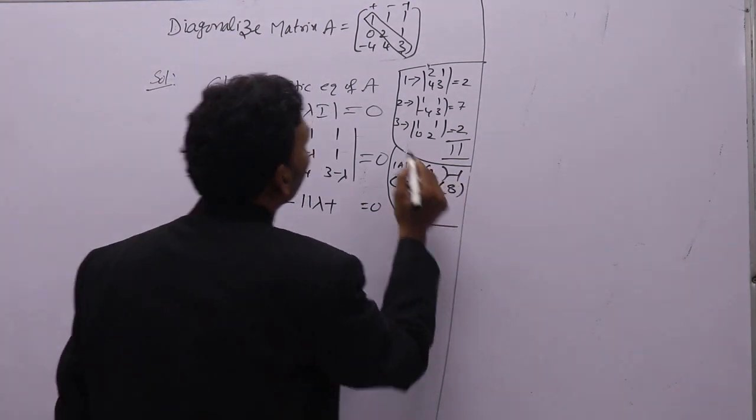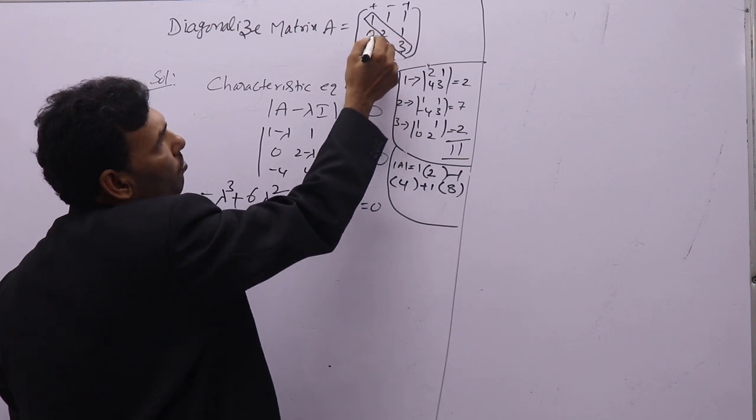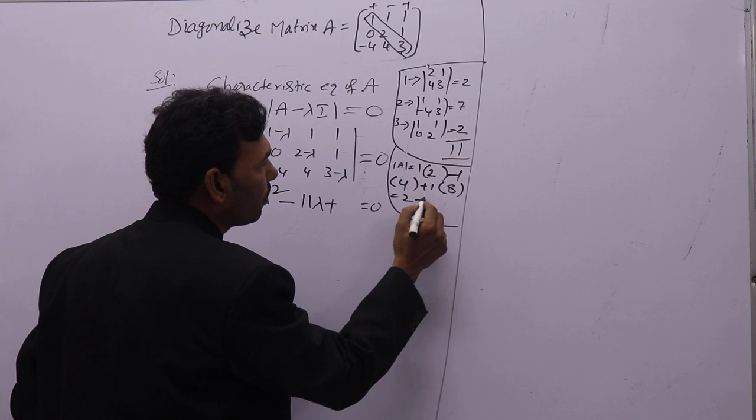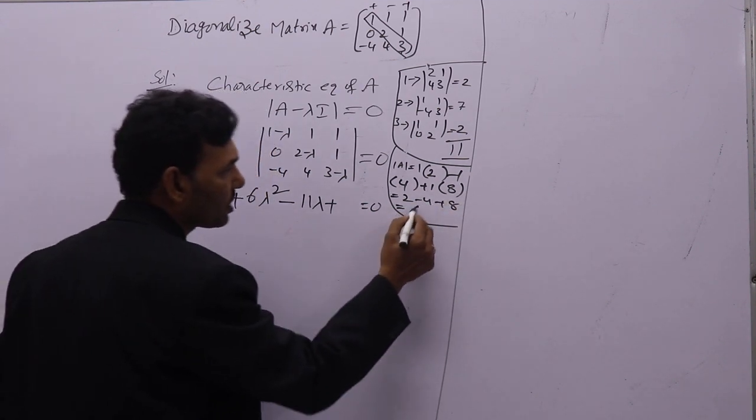Last row, first column: 0 minus into minus plus, 4 twos are 8. Okay, 2 minus 4 plus 8, 10 minus 4, 6.